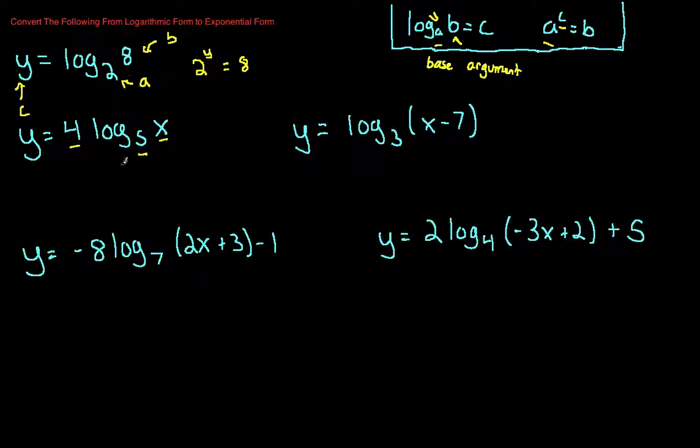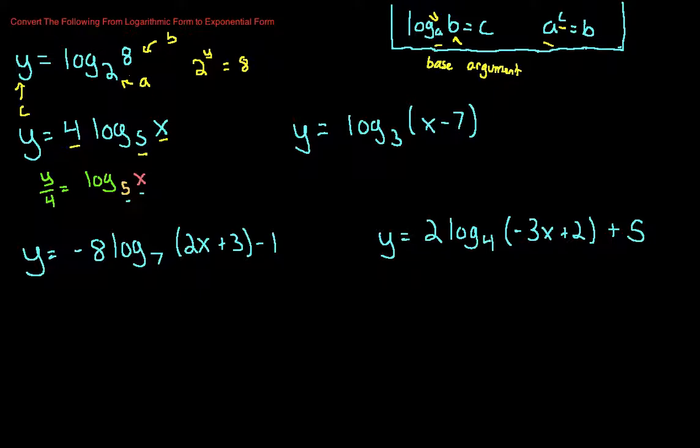So I divide both sides by 4, moving the 4 to the other side, and end up with y over 4 is equal to log base 5 of x. Now I have my base and my argument as the only two things on the log side of the equation.